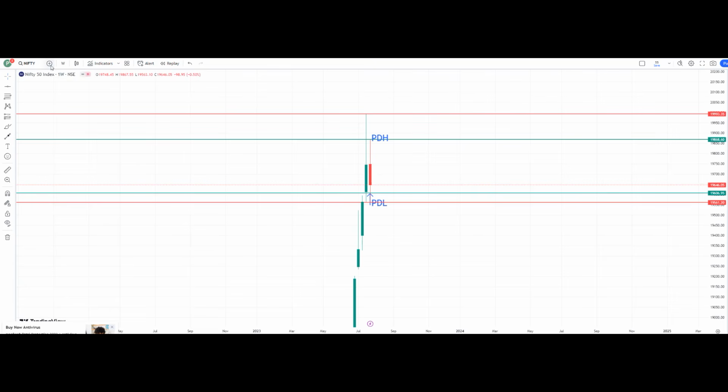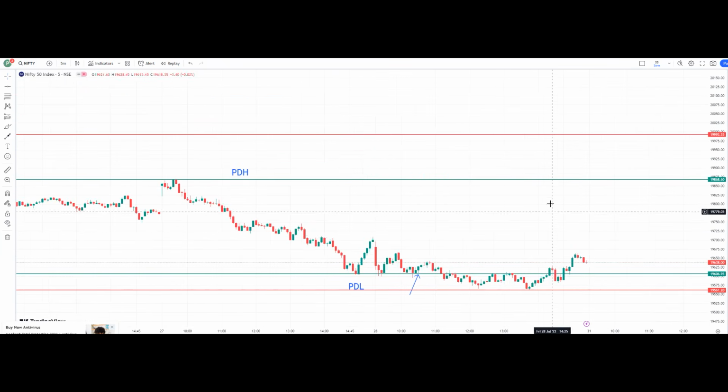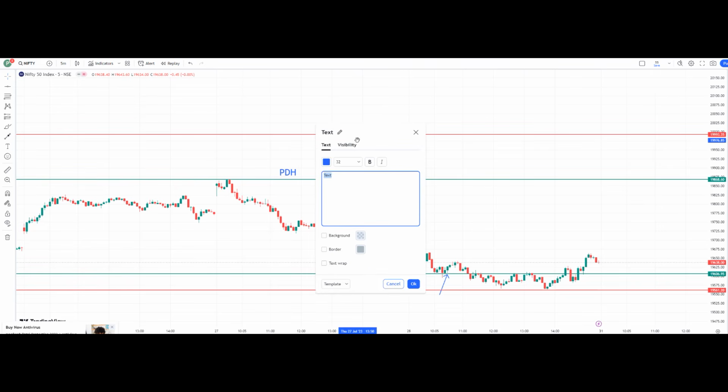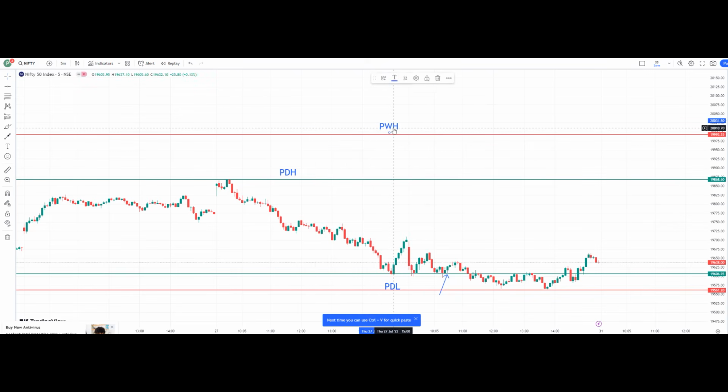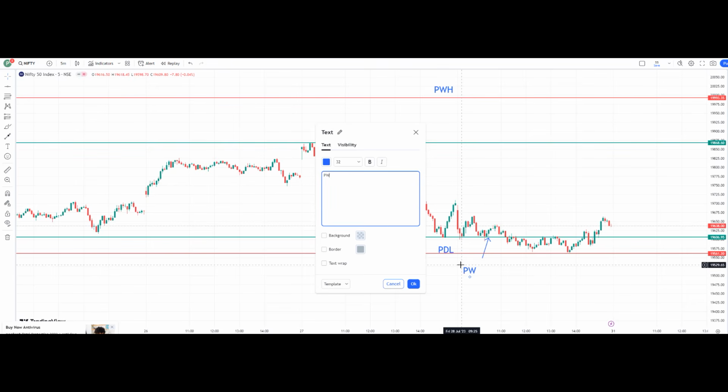Then again go to the 5 minutes chart. So this red line is the previous week high. This is the previous week low.